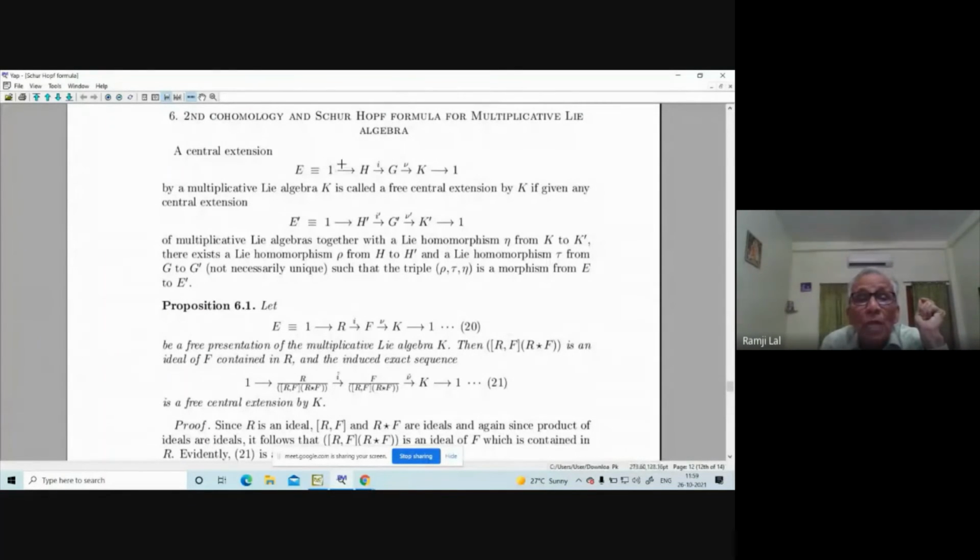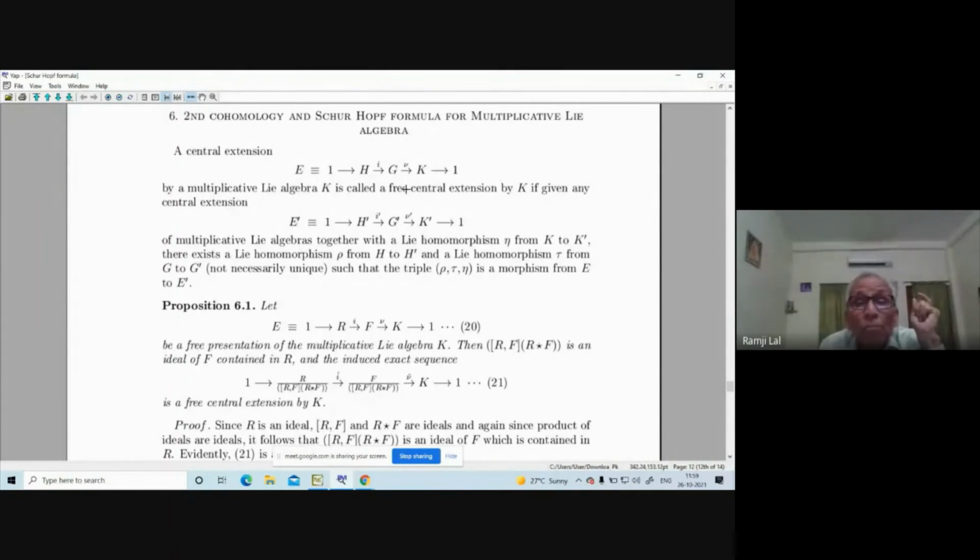It is a free central extension if, given any multiplicative Lie algebra homomorphism from K to K dash, the diagram can be completed. I mean, you have a unique homomorphism from G to G dash and a unique homomorphism from H to H dash, such that this diagram is commutative. The diagram coming from E to E dash gives a morphism of the short exact sequences. So that is the kind of thing which is here.